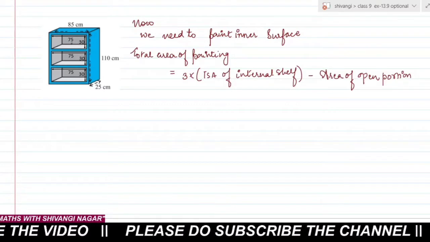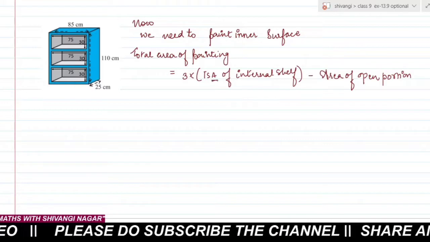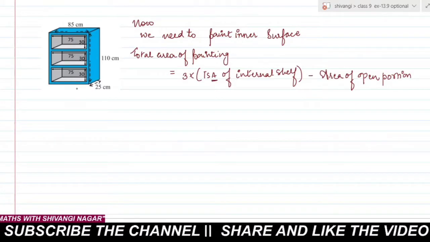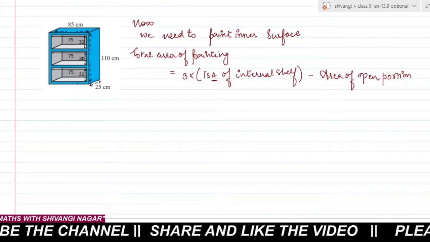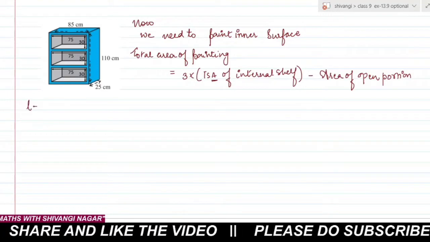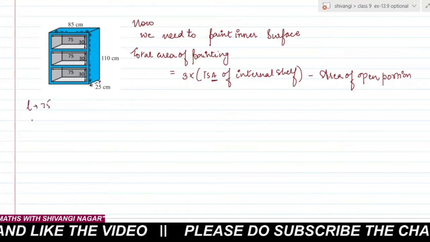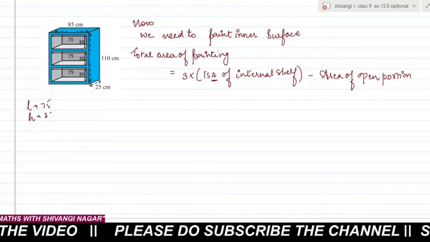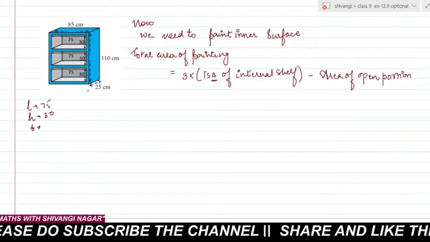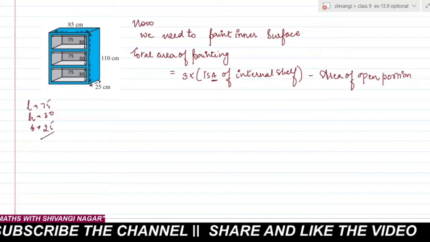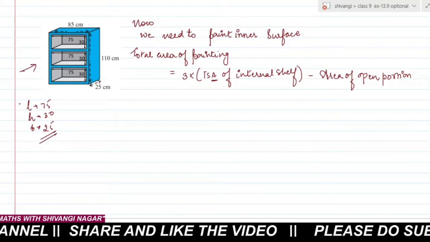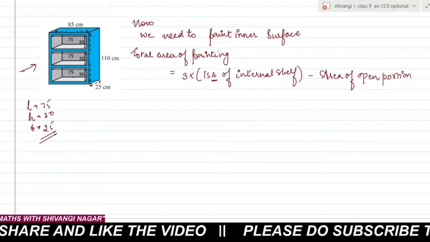If we multiply 3 with each and every internal shelf whose measurement is given to us. What are the measurements? Each internal measurement is, if we take the length as 75, height as 30, and the breadth as 25 here, right? So can we calculate the total surface area of one inner shelf, and if you multiply with 3 we will get all the 3.